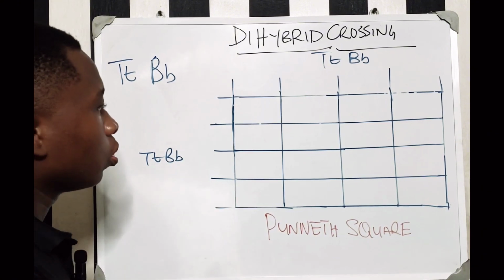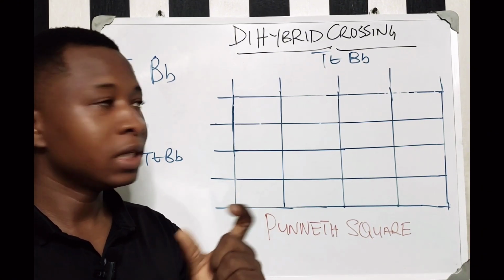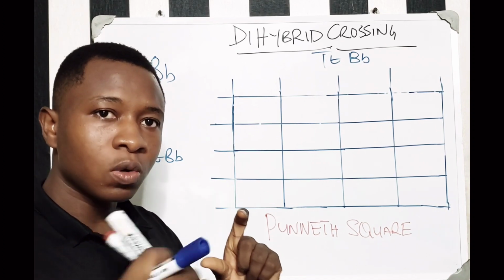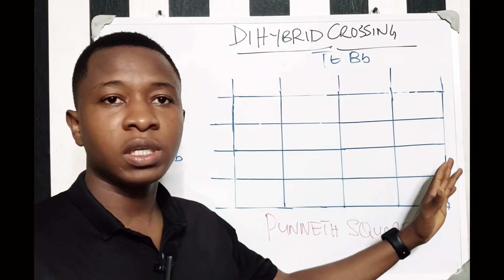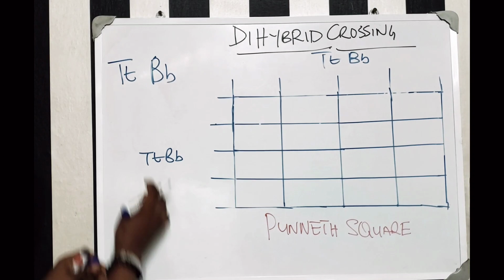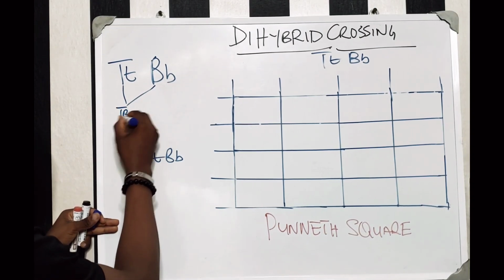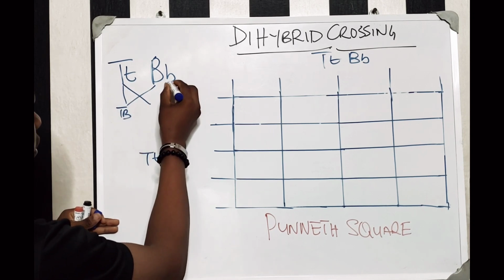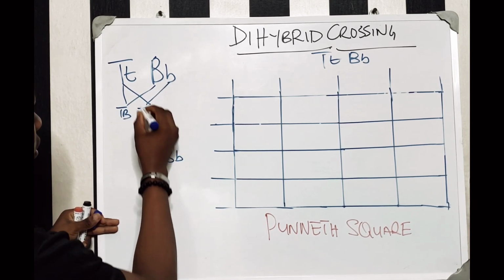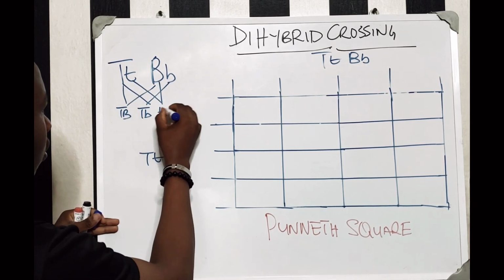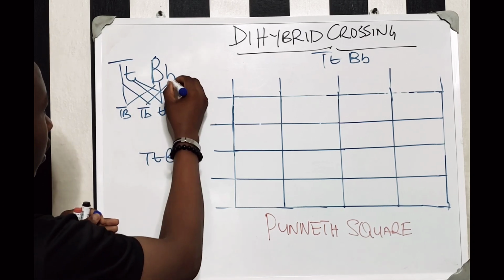Now before we cross, we need to get the characteristics singled out before we start crossing in the Punnett square method. So if we do a quick cross here, we're going to have, isn't it? Okay.